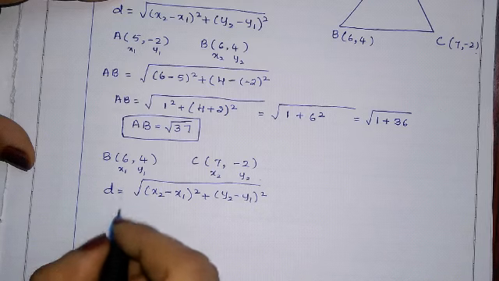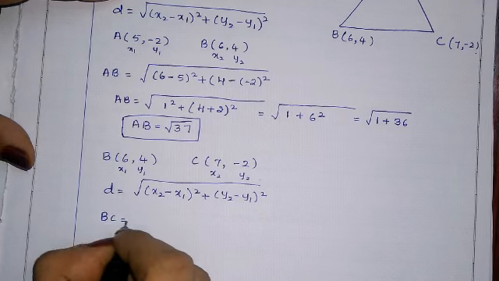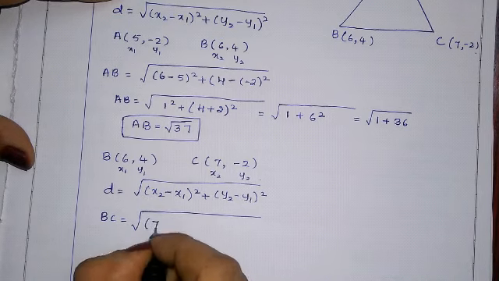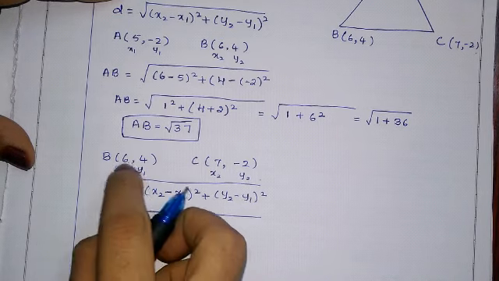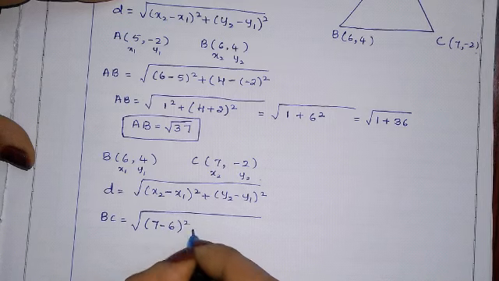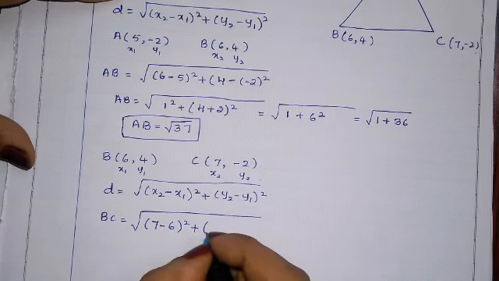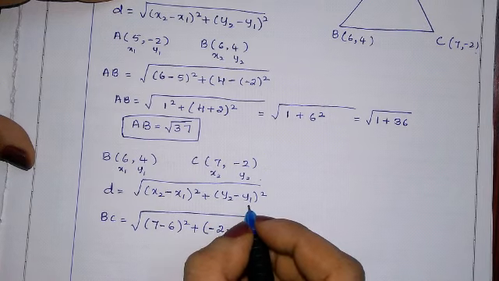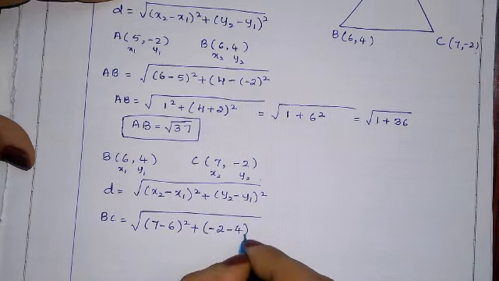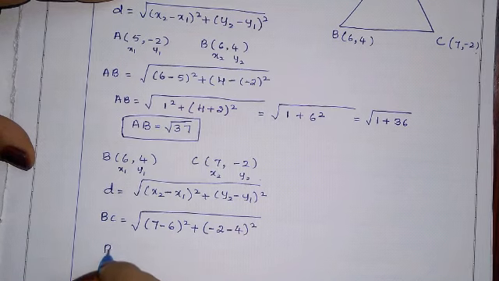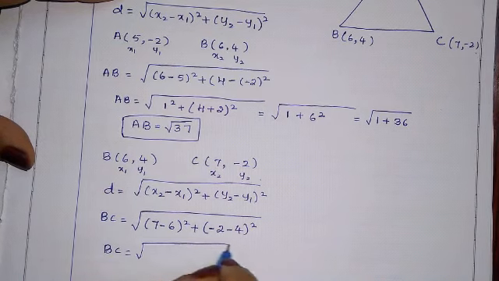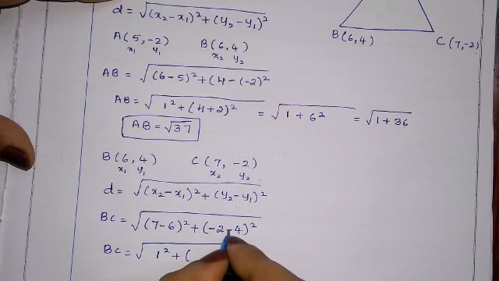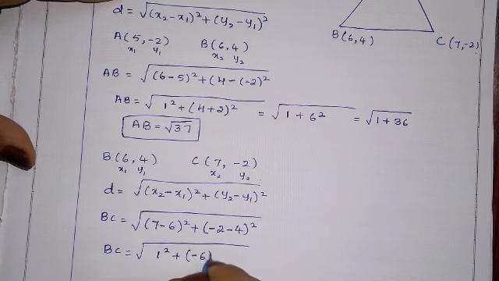BC is equal to root of (7 minus 6) whole square plus (minus 2 minus 4) whole square, which is root of 1 square plus minus 6 square.